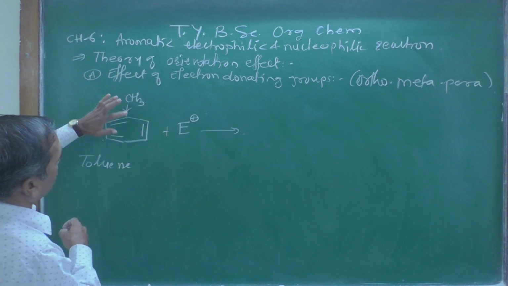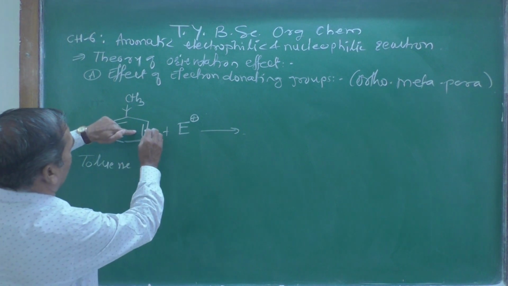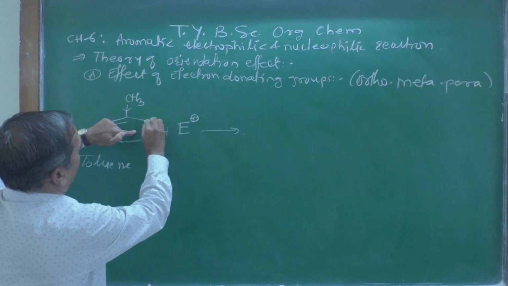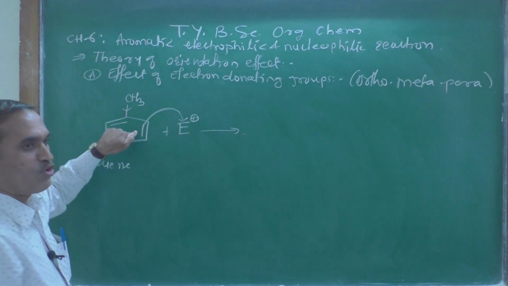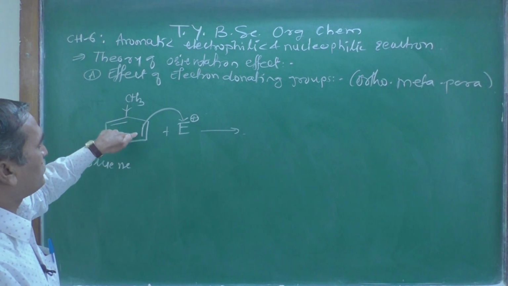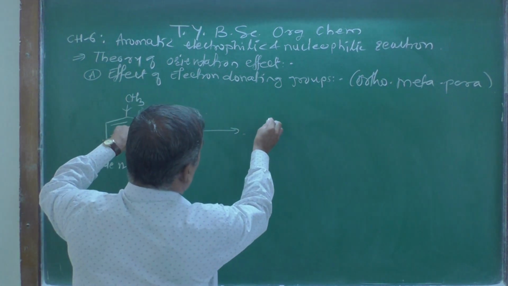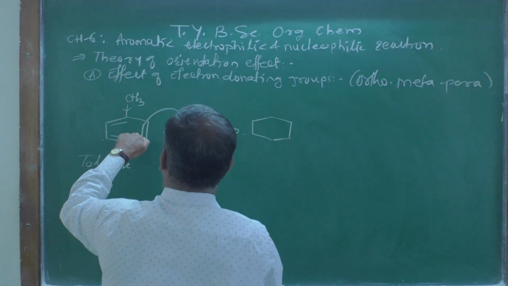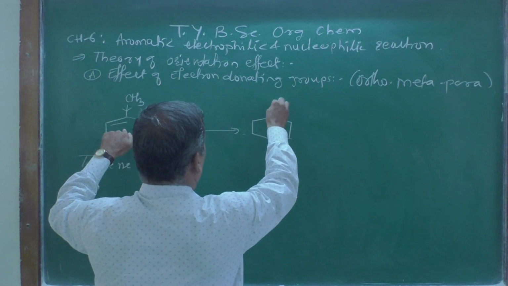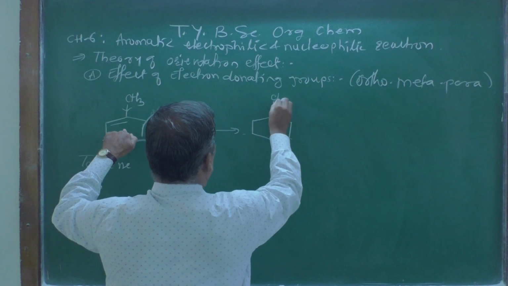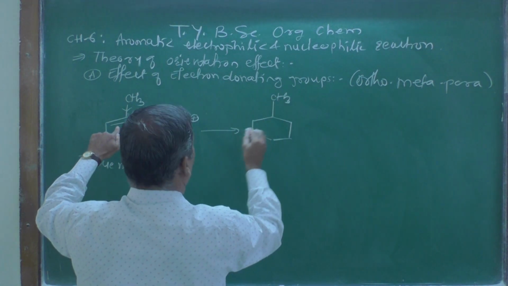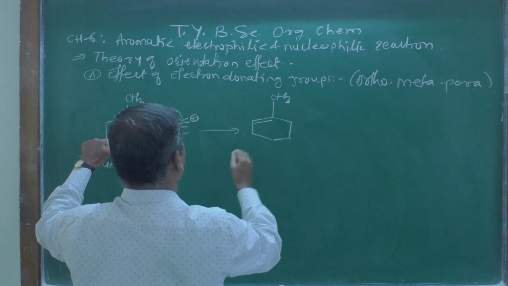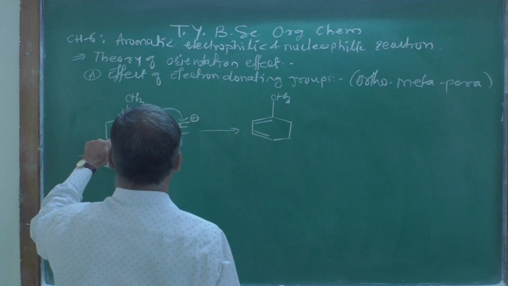Now look at here, this double bond attacking the electrophile attached to that benzene ring. What is going to happen here? Look at the structure carefully. Rest of the thing you write down as it is: methyl group, this double bond and this double bond, they are as it is.